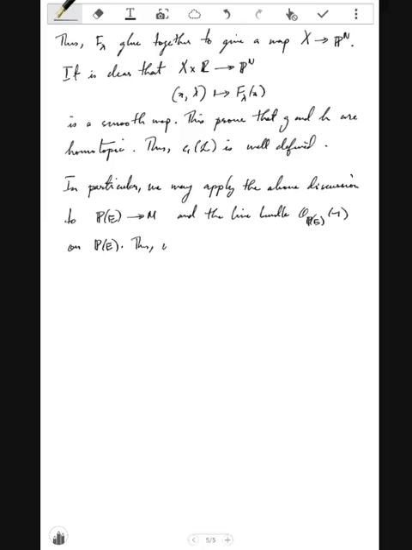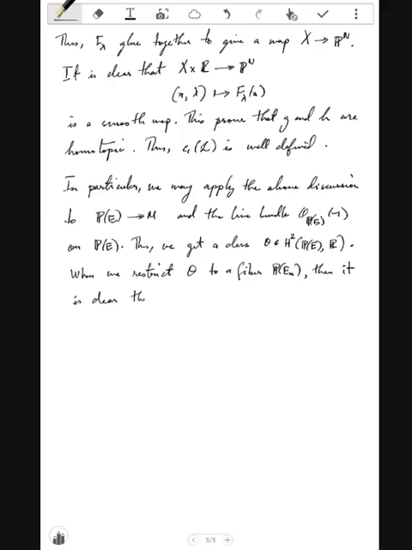Thus, we get a class theta in H^2(P(E), R), and when we restrict theta to a fiber, P(E_x), then it is clear that we get the class of O_P(E)(-1) restricted to the fiber, which is exactly equal to O_P(E_x)(-1).